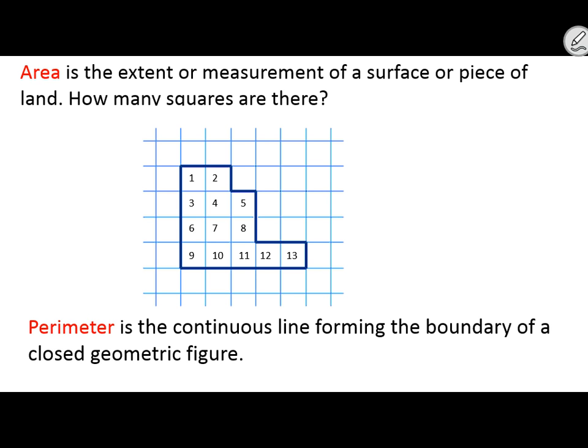Perimeter is a continuous line forming the boundary of a closed geometric figure. And the key word here is boundary.